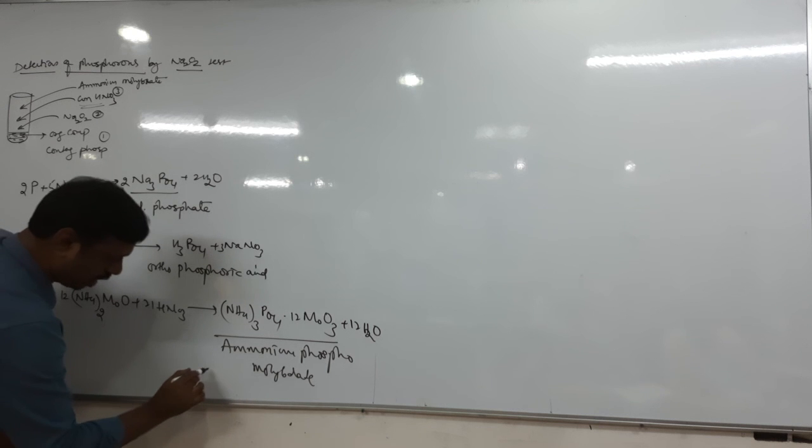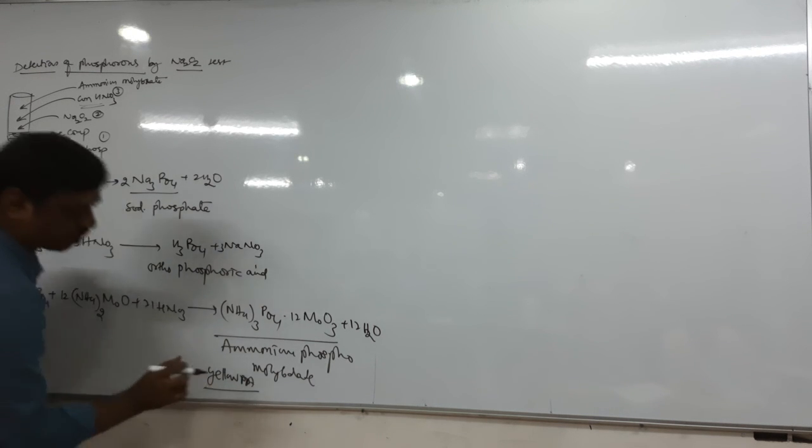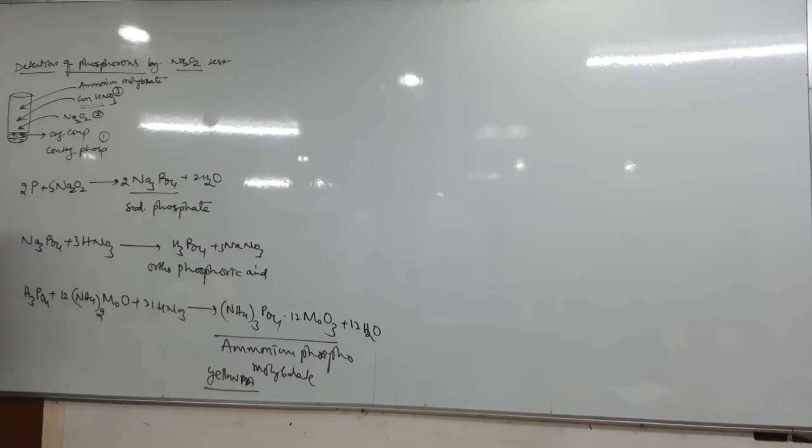Okay, this is a yellow precipitate. So this is the separate test for the detection of phosphorus.